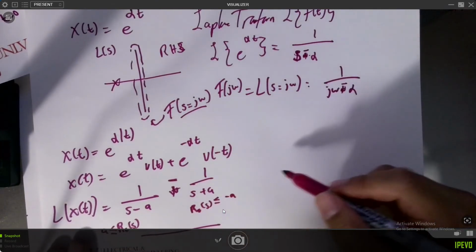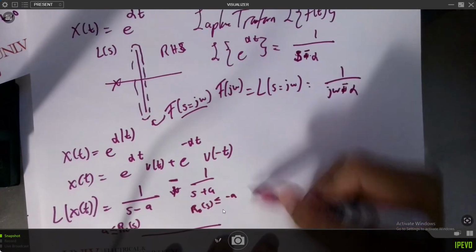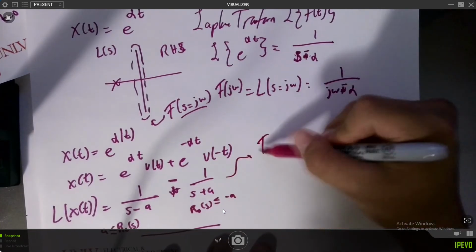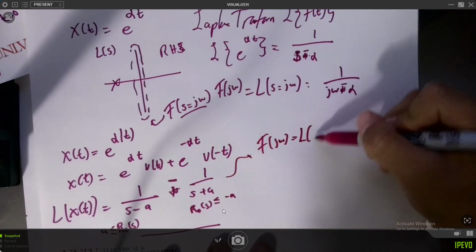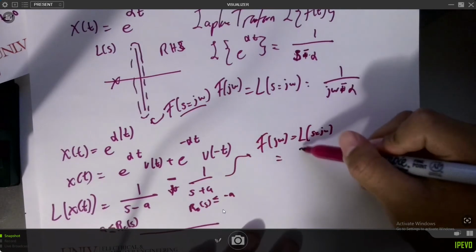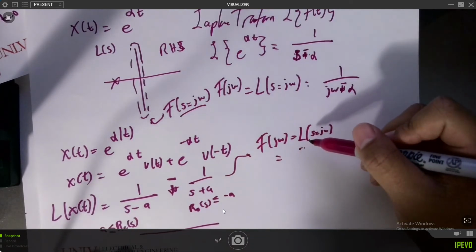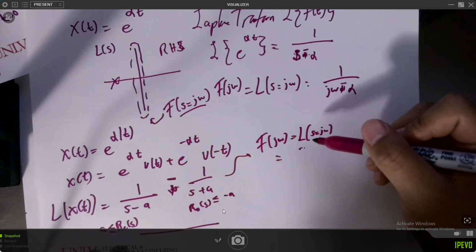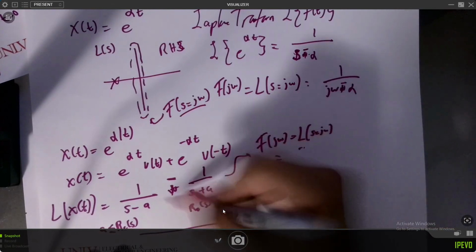So this is how you do this. And if you wanted to know the spectrum, which is the Fourier transform, it is equal to the Laplace transform with s equal to j omega. Oh yeah, you can also combine this too.